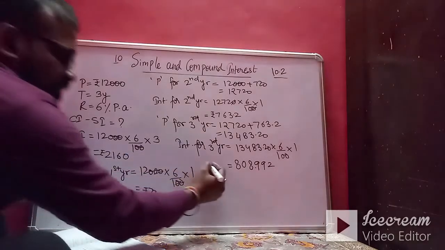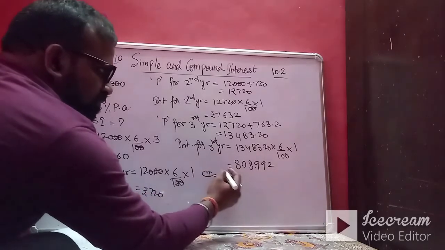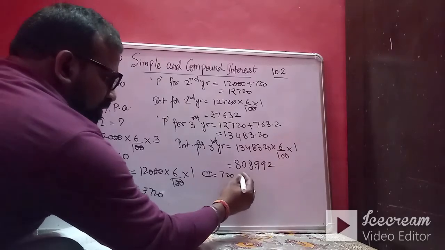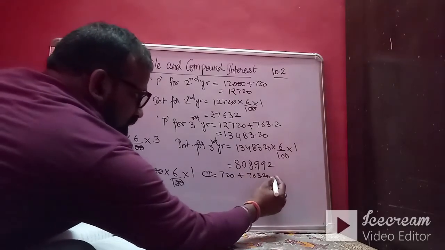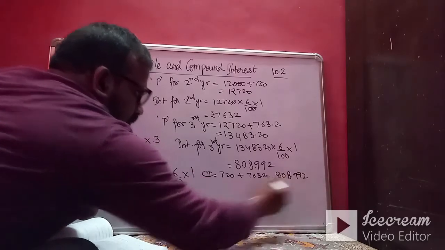So finally we have to calculate the compound interest. So compound interest will be how much? We will add these three interests: 720 rupees, 763 rupees 20 paisa plus 808 rupees 992.